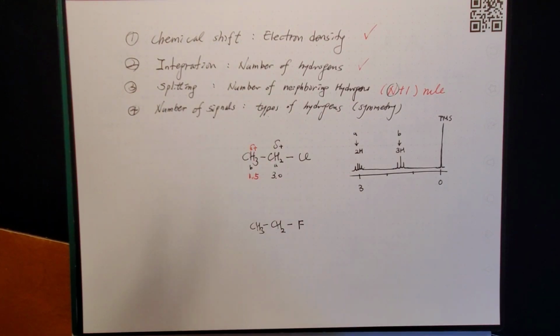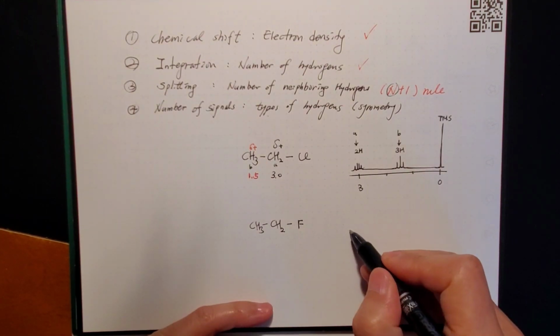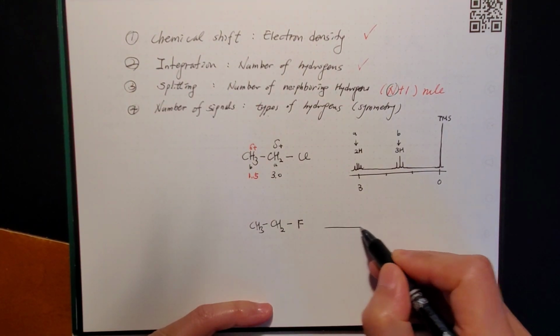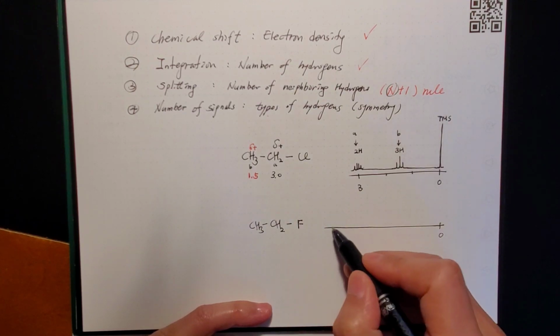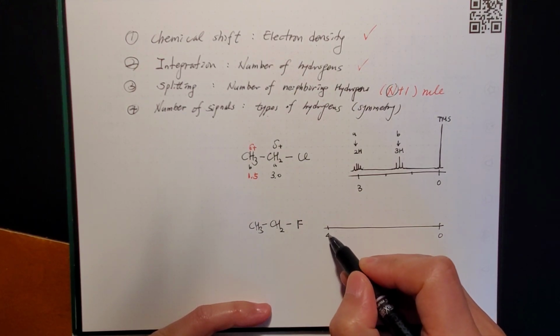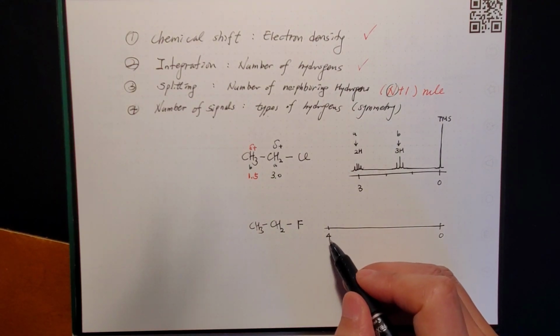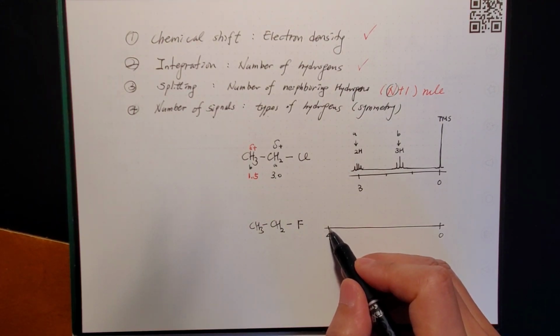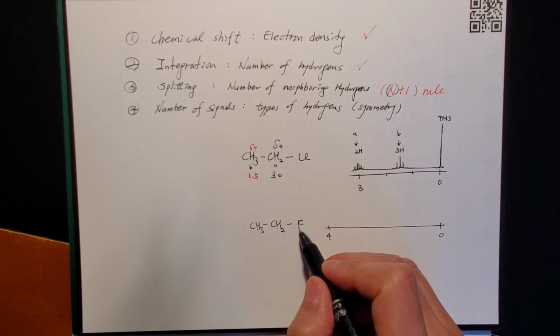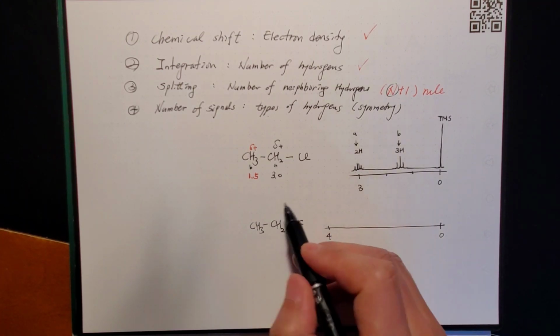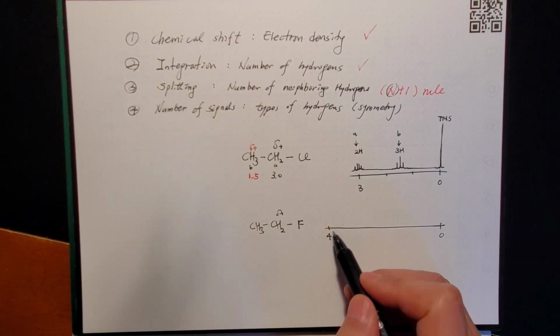Then chemical shift wise, now you're looking at more downfield, deshielded hydrogens, around 4, because you have a fluorine. So around 4, you're going to have the alpha hydrogen showing absorption.